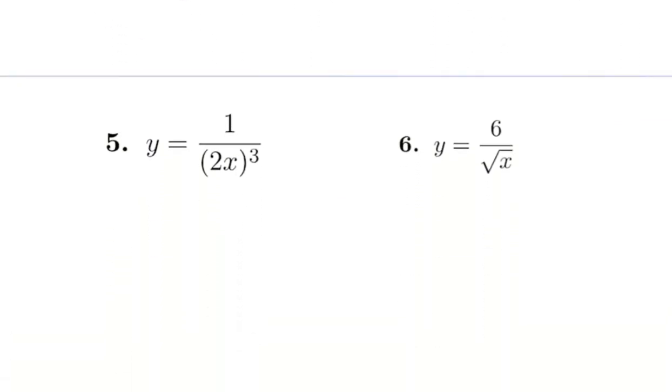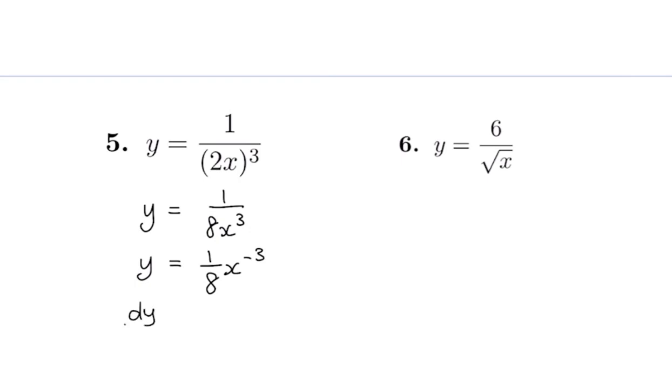Again, look at number 5. Be very careful. We're going to simplify this. I'm going to do it in steps. So this is 1 over 8x cubed, because 2 to the power 3 is 8 and x to the power 3 is x cubed. Then we need to just lift the x cubed, so that will be x to the negative 3.